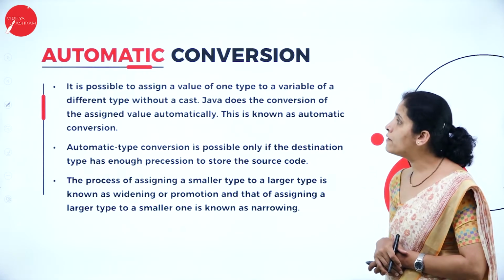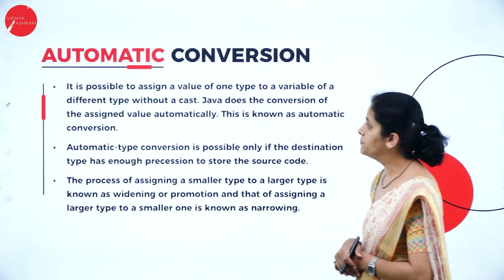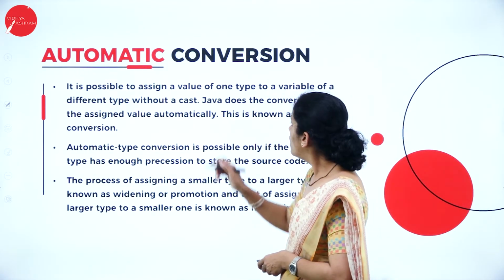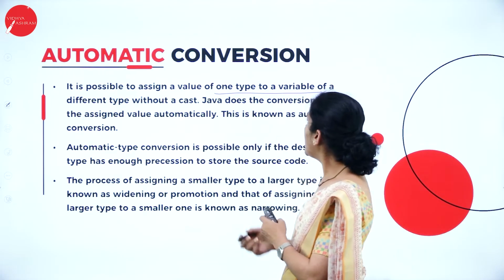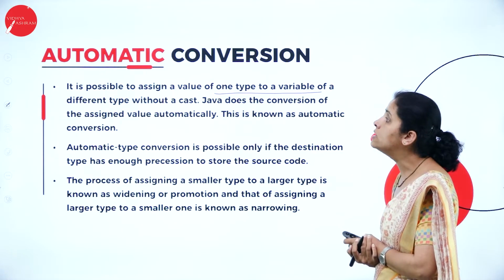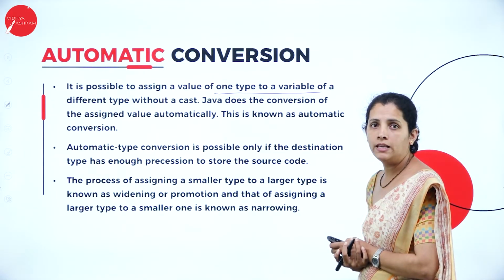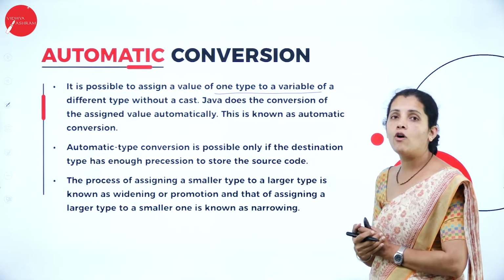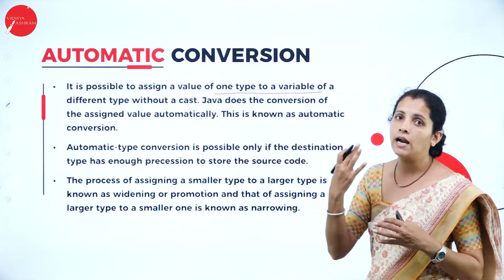Now I'm going to have automatic conversion. It is possible to assign a value of one type to another variable of a different type without casting. That means the system is responsible for converting one data type to another.